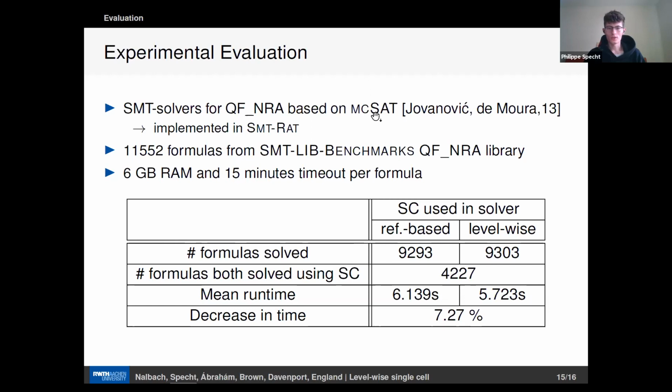This can happen because we are looking at an SMT solver based on this framework, and if the formula is easy enough, NLSAT can actually solve it without single cell construction, then we are only left with roughly 4,200 formulas. And on this, we get these solving times, which corresponds to a decrease in solving time by 7%. This is not very significant, but it's at least nice to see that we can find a strategy. Yeah, if we get a heuristic that we consider to be smart, it can work better than a refinement-based approach.